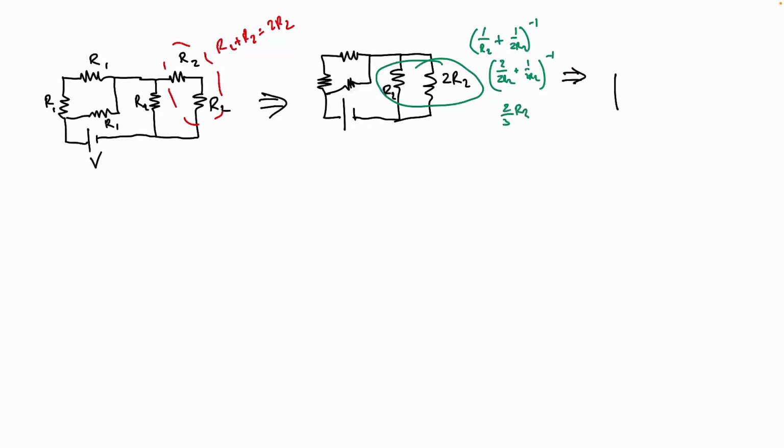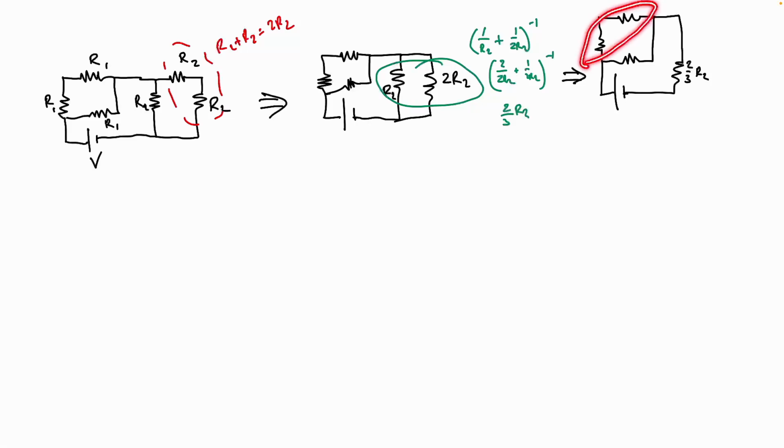So what have I got now? I have that, and that. And this is 2/3 R2. All right. Now what? We can combine the R1s in series.